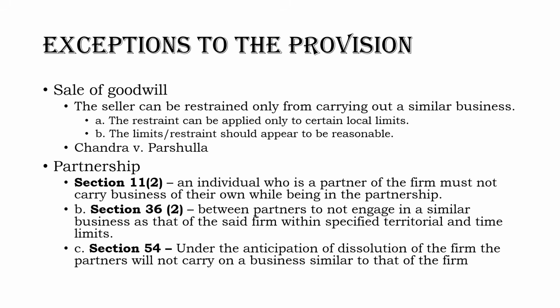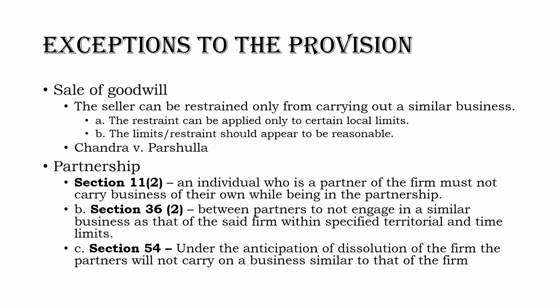In Chandra versus Prashulla, the plaintiff operated a fleet of buses between Pune and Mahabaleshwar. The defendant had a similar business. The plaintiff bought the defendant's business alongside goodwill and by contract made him agree not to open a similar business in the area for 3 years.